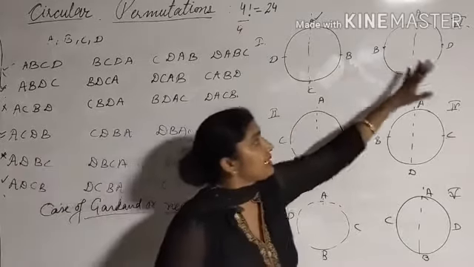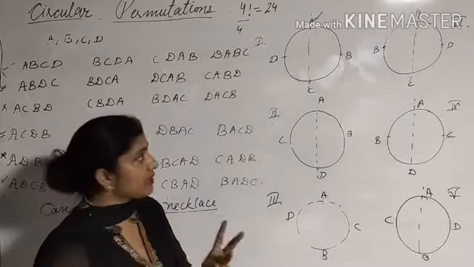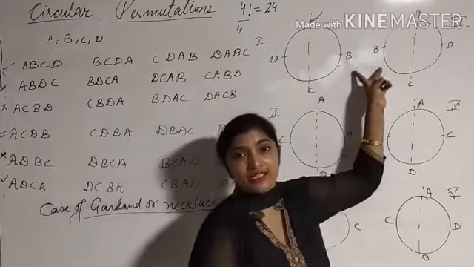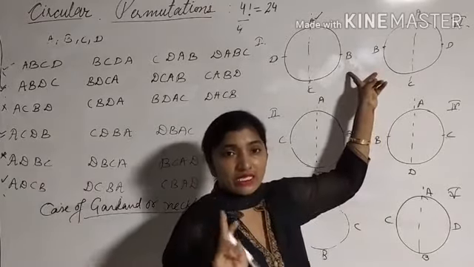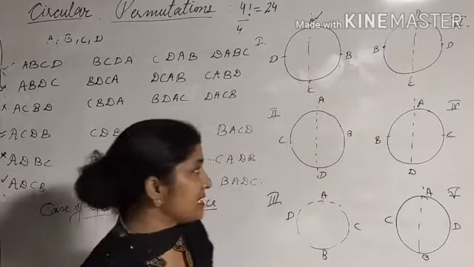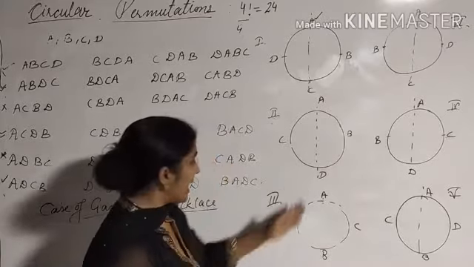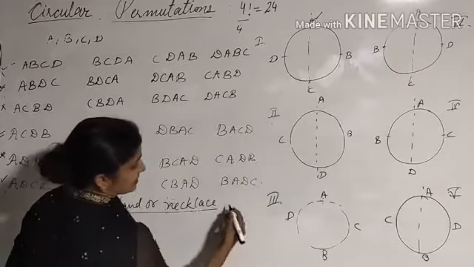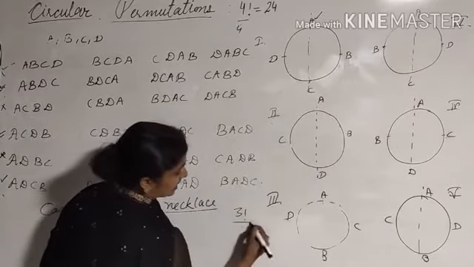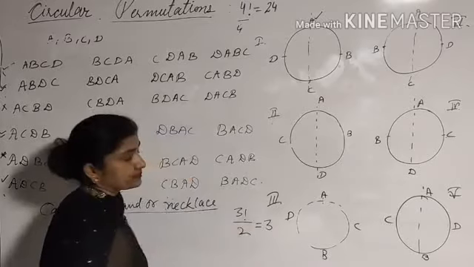So out of these 6 arrangements, we have only 3, because each 2 different circular arrangements give the same necklace or same garland. So the number of arrangements in that case will again be divided by 2, and in that case the total number of arrangements will be 3 factorial divided by 2, and this is 3.